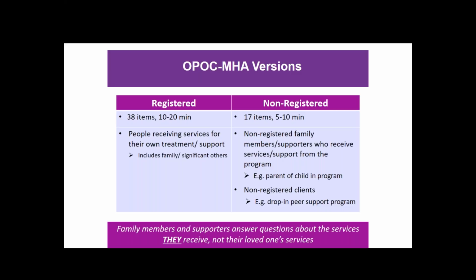So this may include somebody who's a family member or a significant other, but they're registered in a program to get support. And then the non-registered version is a bit of a shorter version. And it's really for folks who might be connected to some service but not registered. So for example, a parent who might be involved in parent information sessions or psychoeducational sessions.